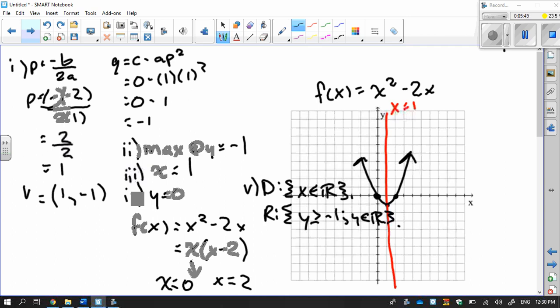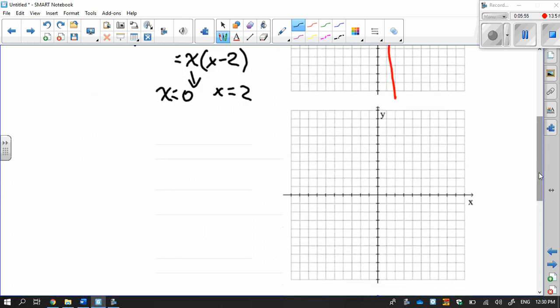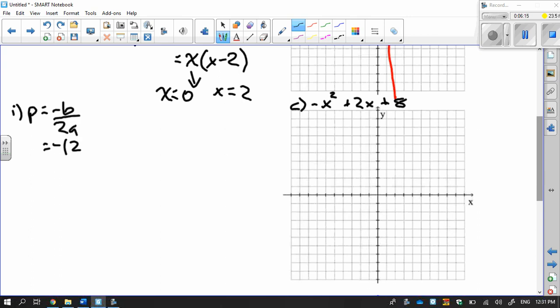This one is C. It is -x squared plus 2x plus 8. Our vertex: P is equal to -b over 2a, which is -2 over 2 multiplied by -1, which gives us -2 over -2, which gives us 1.